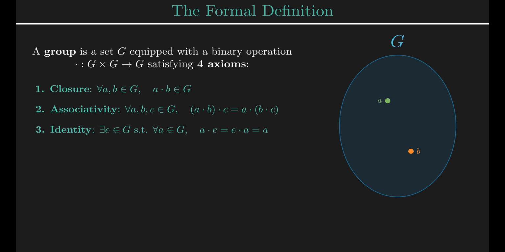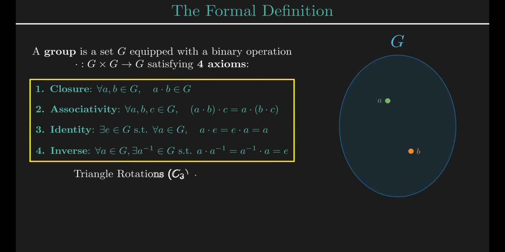There must exist a neutral element E, which changes nothing when applied to any element A. And fourth, inverse. Every element must have a unique partner that reverses its action, bringing us back to the identity. Recall our triangle rotations. Because that system satisfies all 4 of these rules, it is, by definition, a group.